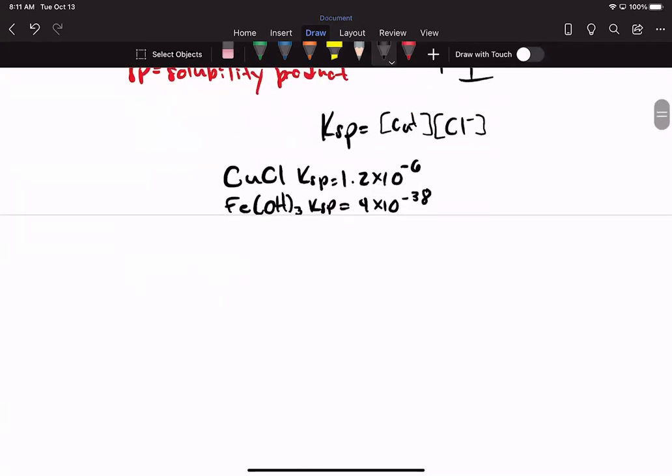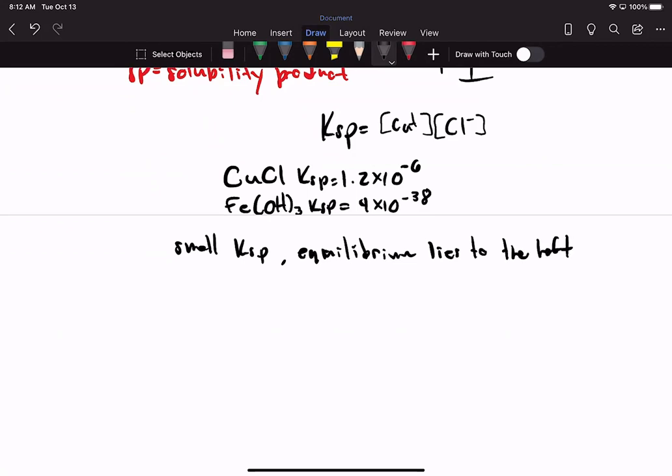When we have a small Ksp, the equilibrium lies to the left.